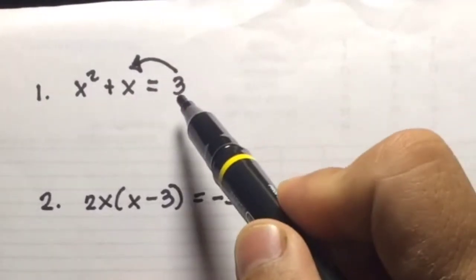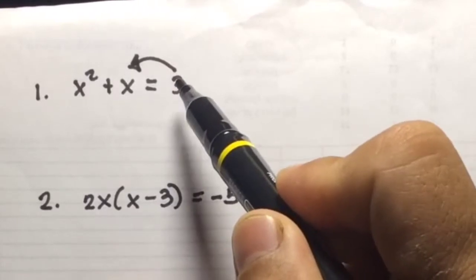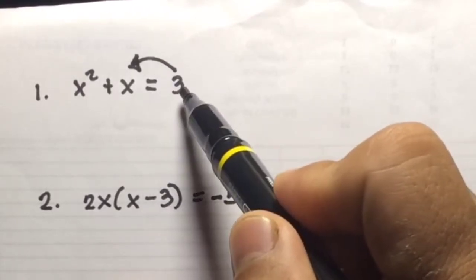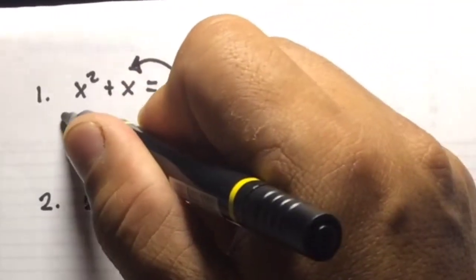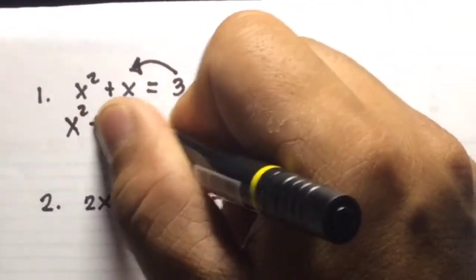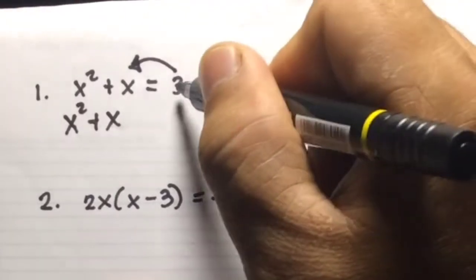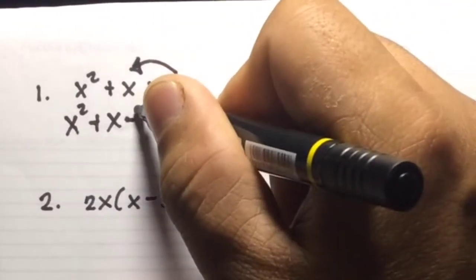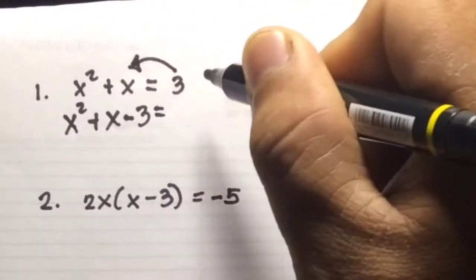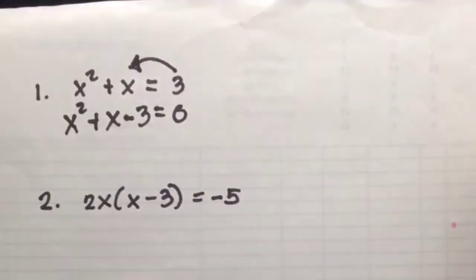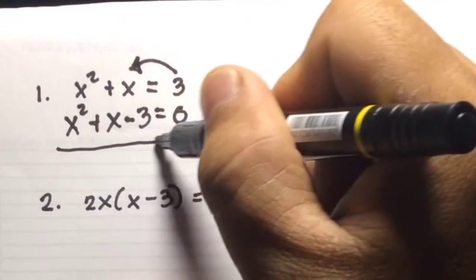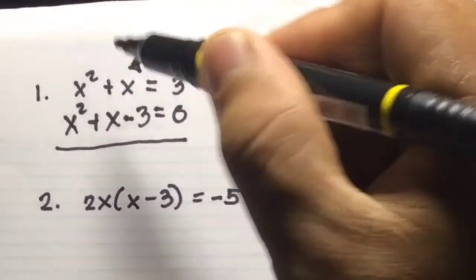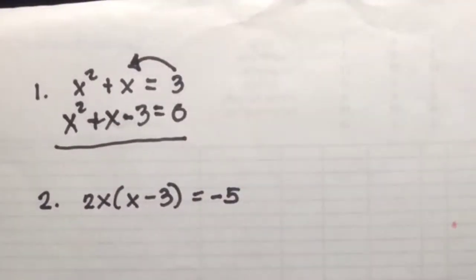Now, when we transpose this, the sign will change. Therefore, this will become negative 3. So we're going to have x squared plus x, then the constant term minus 3, equal to 0. So this is now in its standard form: x squared plus x minus 3 equals 0.